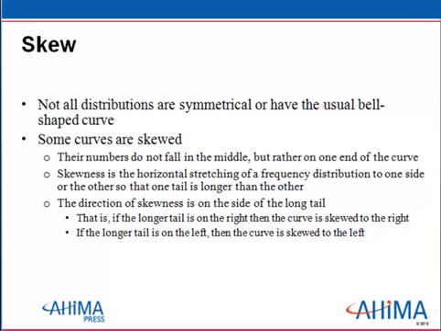The direction of the skewness is on the side of the long tail. Thus, if the long tail is on the right, the curve is skewed to the right. If the longer tail is on the left, that means the curve is skewed to the left. There are two figures in your textbook you should review for this example: Figures 10.3 and 10.4.